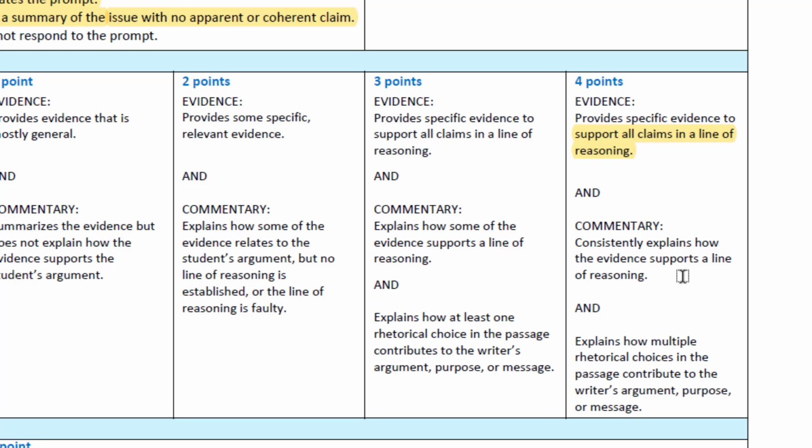Remember back in the instructional videos that we went through, you were told that you need roughly 2 lines of commentary for every quotation. If you have a quotation, particularly a significant or longer one, you need multiple sentences of commentary explaining how that quotation supports your argument.